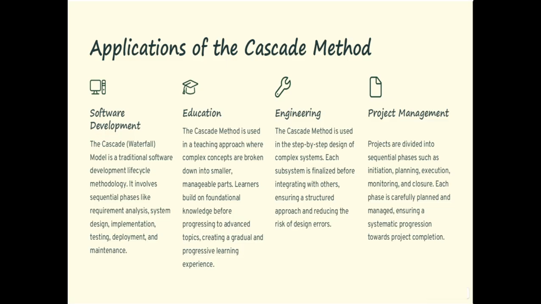Now I'm mainly concentrating on engineering, and also where we can use it in software development: the waterfall model, the traditional software development life cycle methodology. It involves the sequential phases like requirement analysis, system design, implementation, testing, deployment, and maintenance.